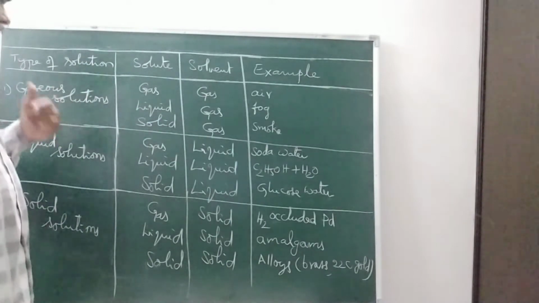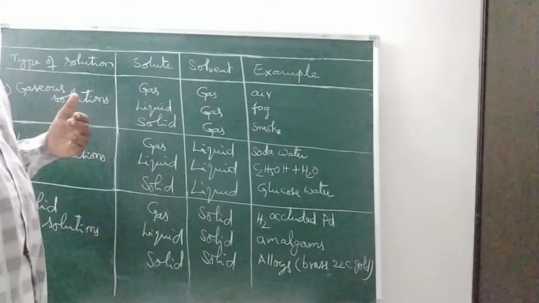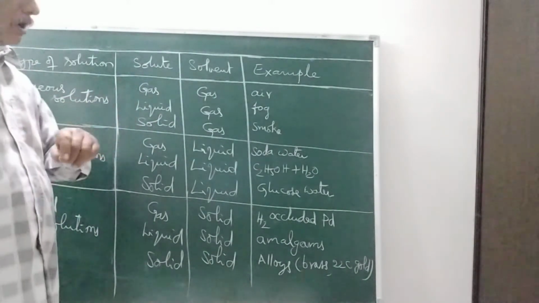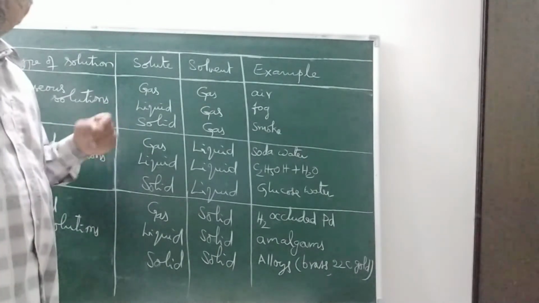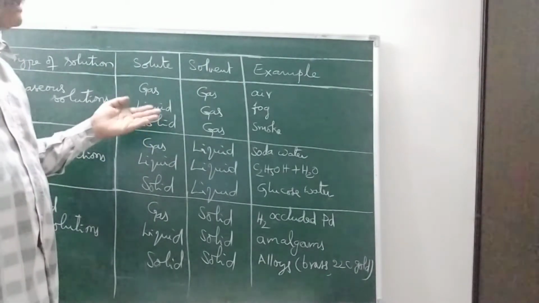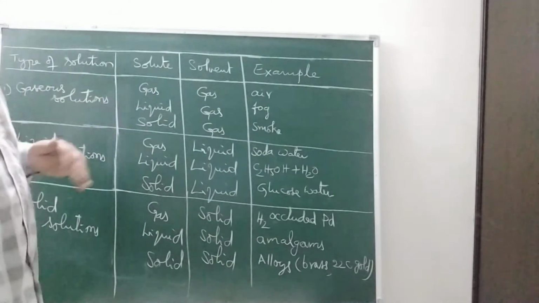Of course, based on the nature of the solvent, if the solvent is water, it is called an aqueous solution. If the solvent is alcohol, it is called an alcoholic solution. If it is benzene, it is called a benzene solution. So, in that way, based on the solvent, these are again divided into different types.